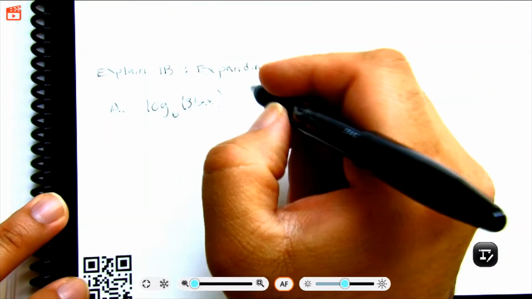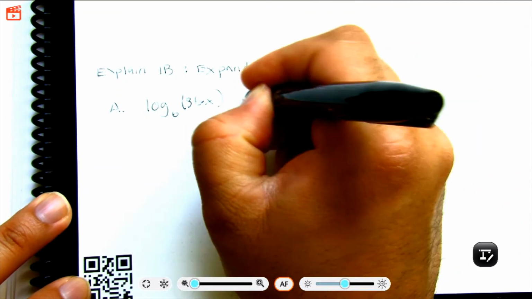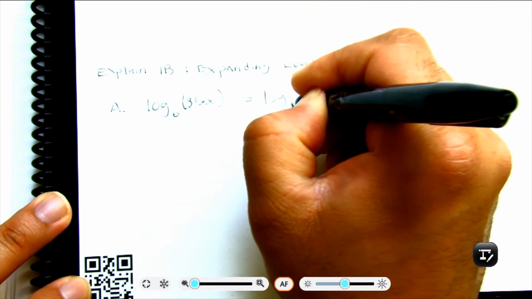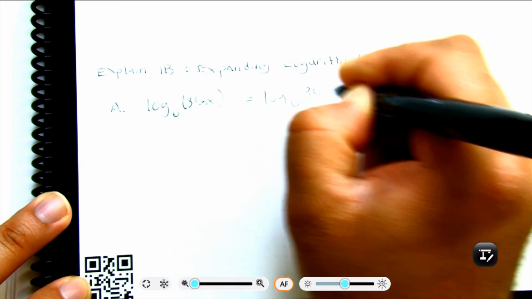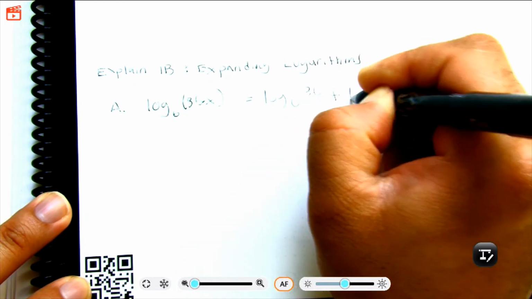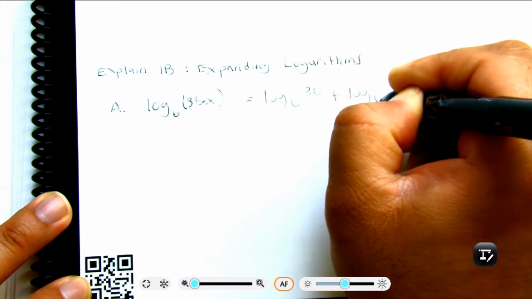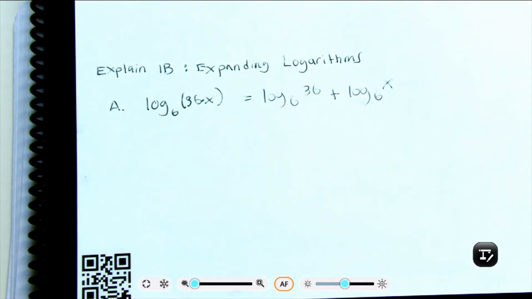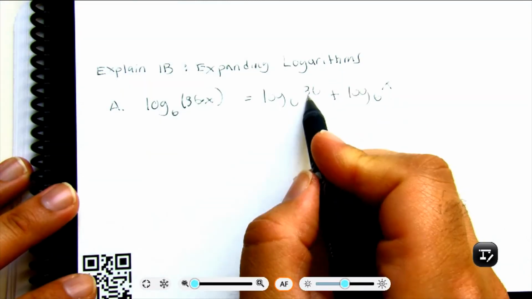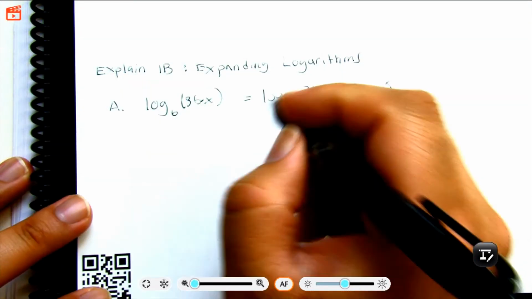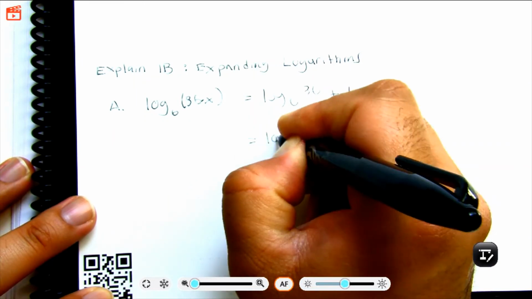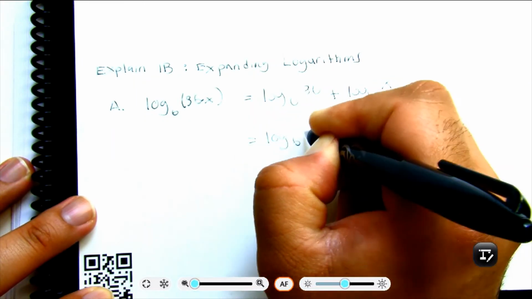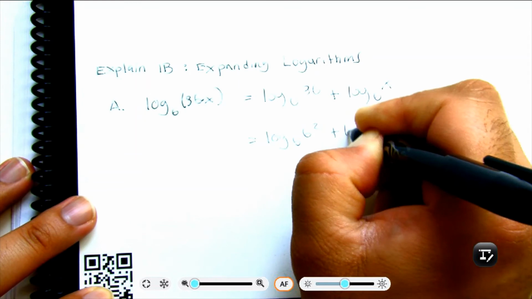This is equal to log 6 36 plus log 6 x. Now 36 is the same as 6 squared, so I could write log 6 squared plus log 6 x.